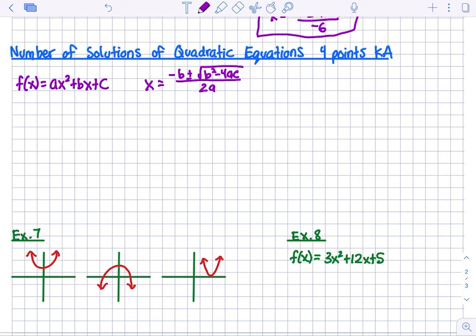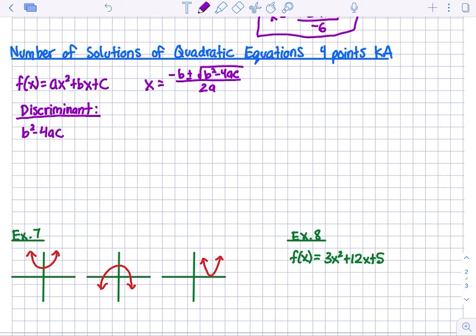We're going to be talking about something called discriminants. A discriminant tells you how many solutions there are for quadratic equations. So we have b squared minus 4ac. This is the discriminant.